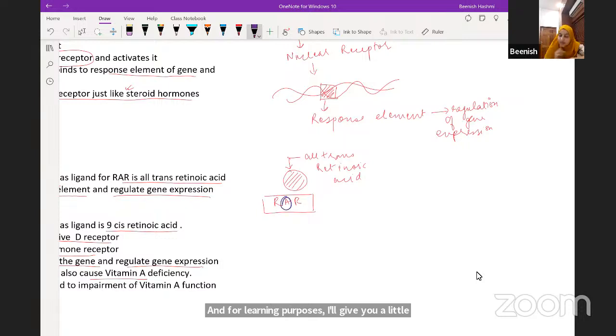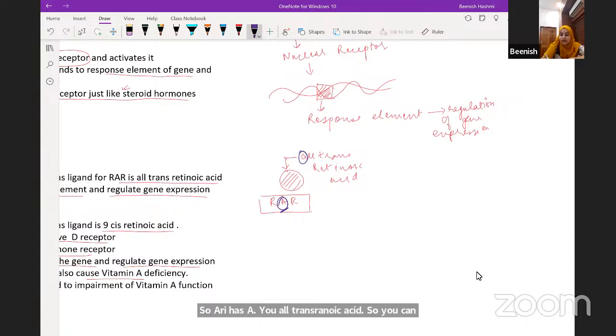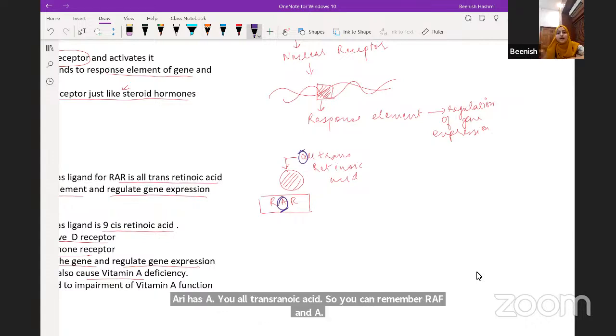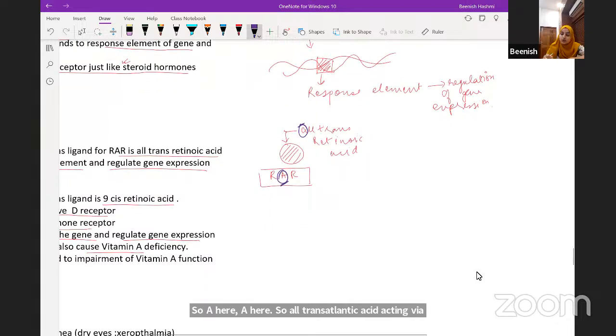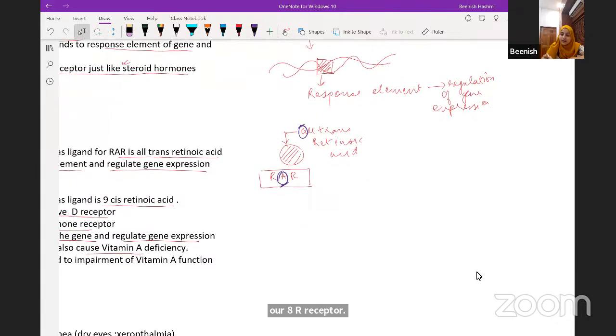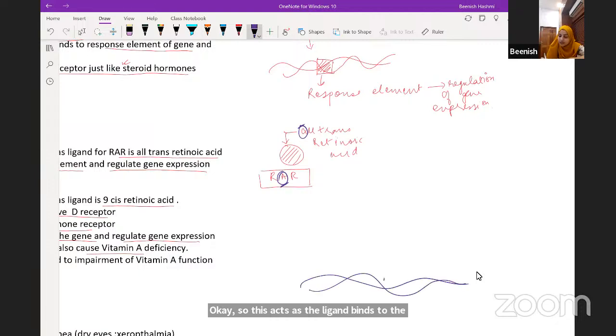RAR has A in all trans retinoic acid. So you can remember RAR and A. So A here, A here. So all trans retinoic acid acts via the RAR receptor. So this acts as the ligand, binds to the receptor, and what happens? Then this goes and binds to the response element. Simple.